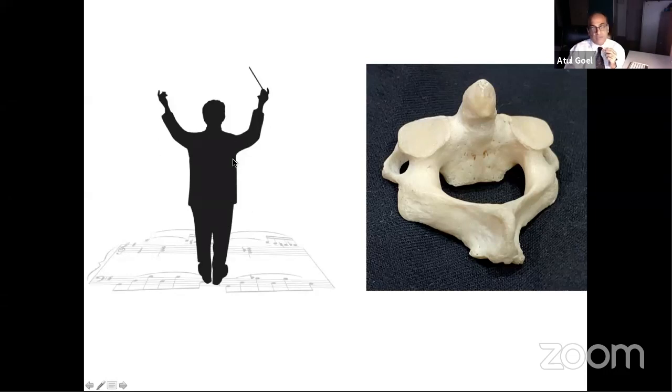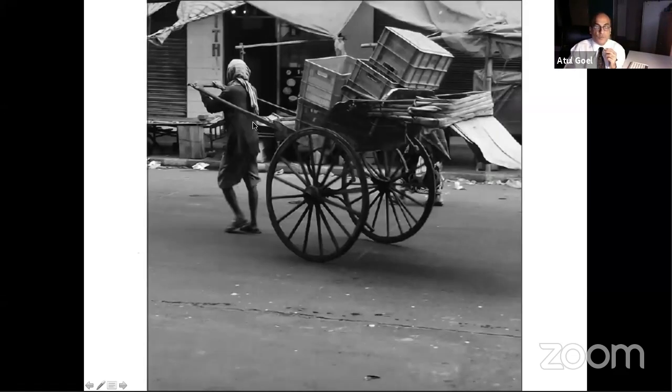Maybe he's not actively involved in instrument handling, but he's the brain. Similarly, this fellow is the brain of the movement. And without this guy, the rickshaw will not be able to take direction or turn this side or that side and go from one destination to other destination. He's the brain.